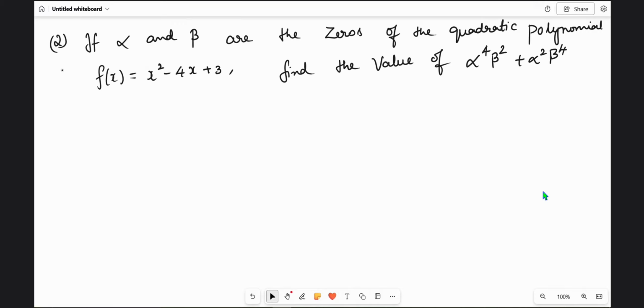One method: we have alpha to the power of 4 into beta square plus alpha square into beta to the power of 4. I can take alpha square and beta square common here. So if I take common alpha square and beta square, what will you get?